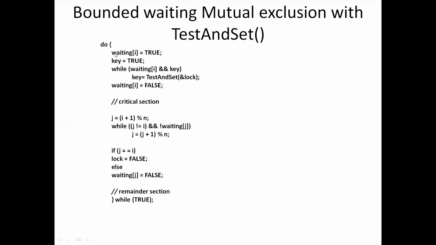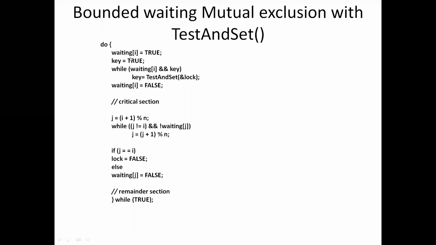At that time waiting of i is nothing but waiting of 0. We assume that we have 5 processes, process 0 to process 4, all competing to enter into the critical section. Initially none of them wishes to enter, but once process 0 wants to enter, the critical section will be free, because initially no one is executing inside it.